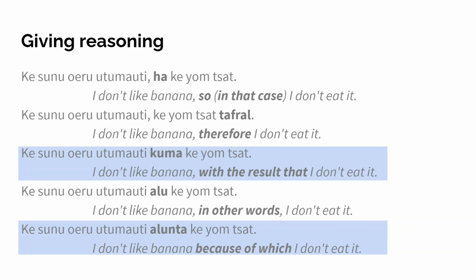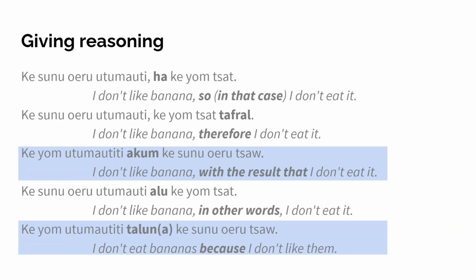So let's look what happens if we use the other conjunction here. So kuma changes into akum. And then we have ke yom utumautiti akum ke mungwrrtxo. So in this case, we have the result before the akum, because kum means result, a which is, and then the a connects the result, I don't eat the banana, I don't eat it, with the kum, the result.